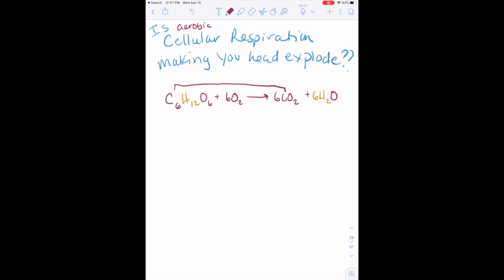So remember, this is an oxidation. It happens first in glycolysis, the intermediate step, and the citric acid cycle. And that's the part that I took you through.